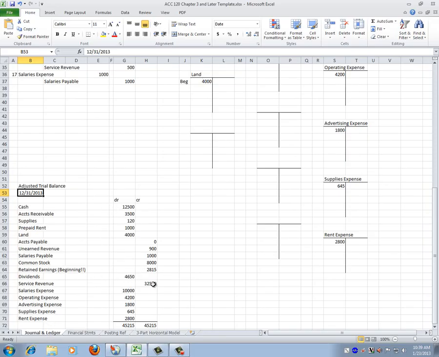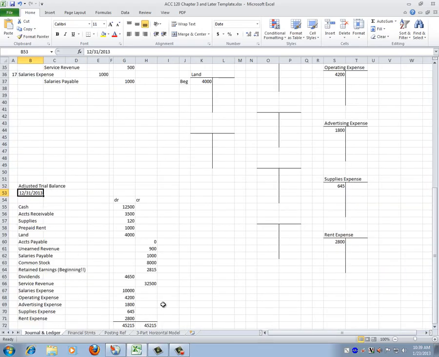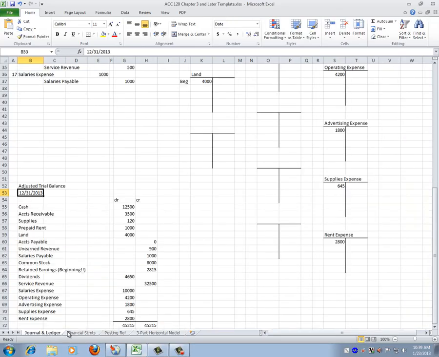Now we can pull these figures, these nice accurate figures, from our adjusted trial balance. The service revenue we earned we see to have been $32,500. We incurred this period salaries expense $10,000. And operating expense $4,200.